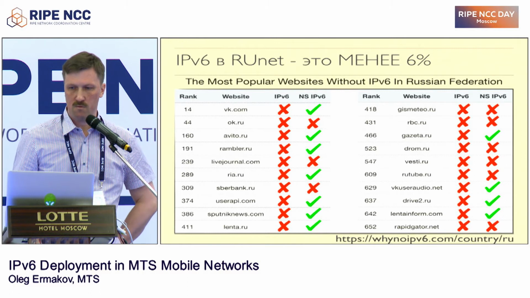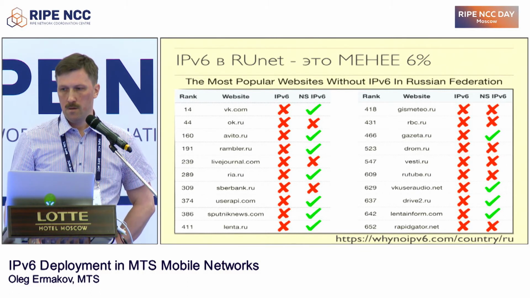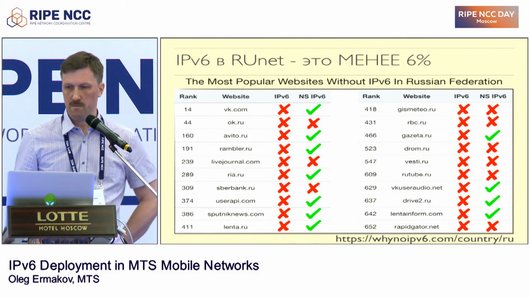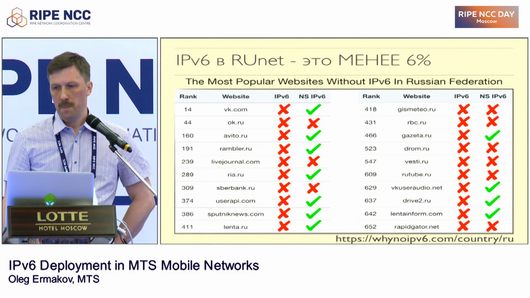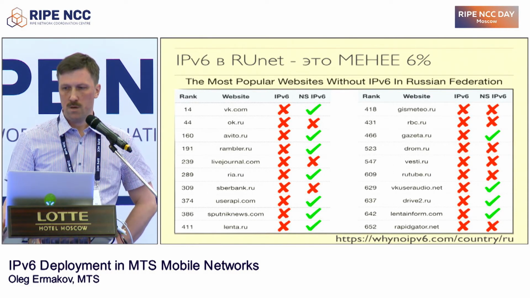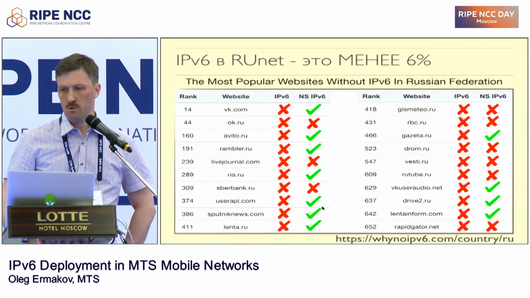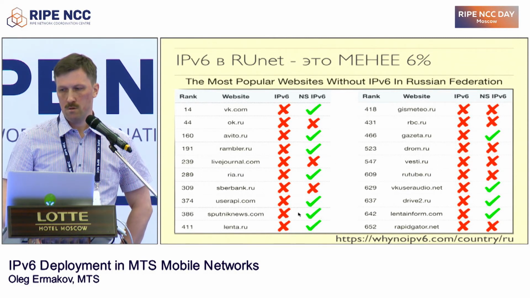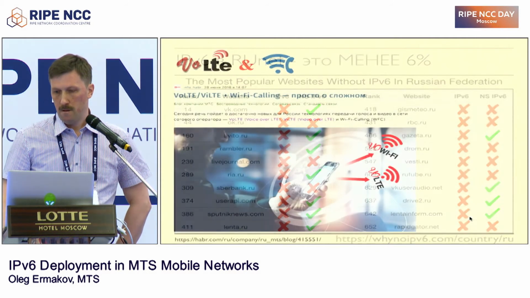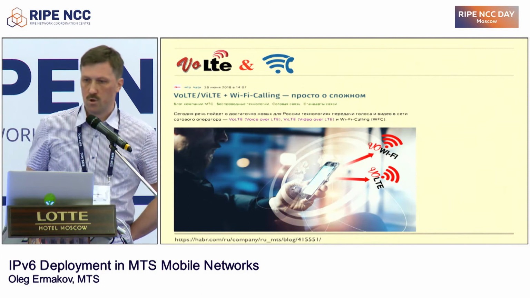Why not v6.com is a resource that accumulates statistics on IPv6 usage. And this is how our country looks like. These are the resources that enable IPv6. Mail is okay using IPv6, but the resources themselves, they still do not support IPv6.